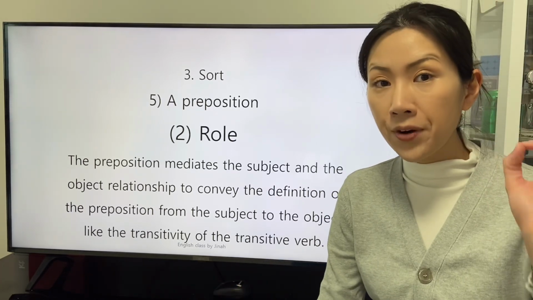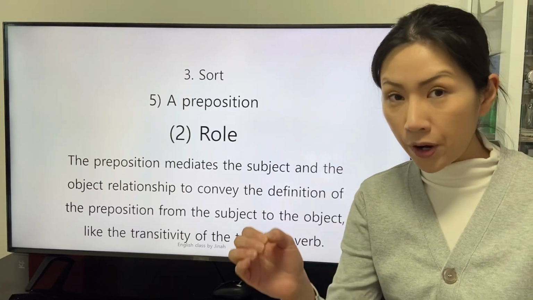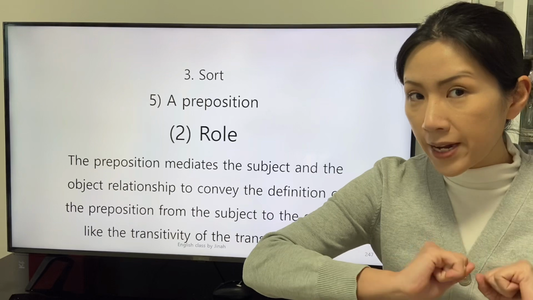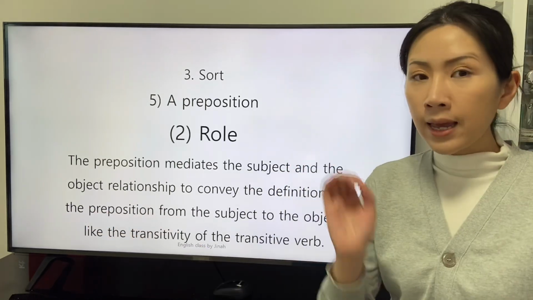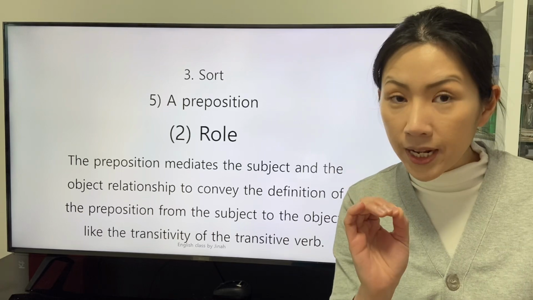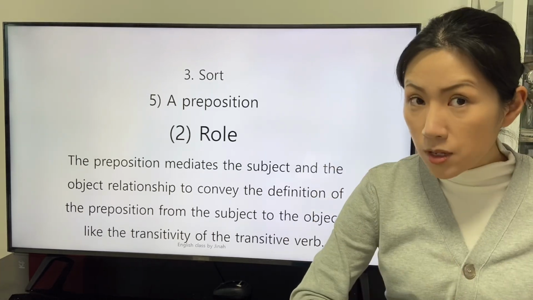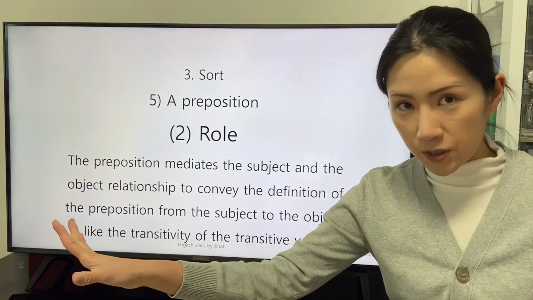The transitive verb conveys the definition of the transitive verb from the subject to the object. And the preposition also has the transitivity to convey the definition of the preposition from the subject to the object.